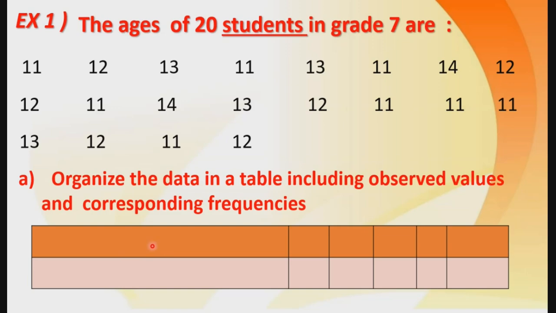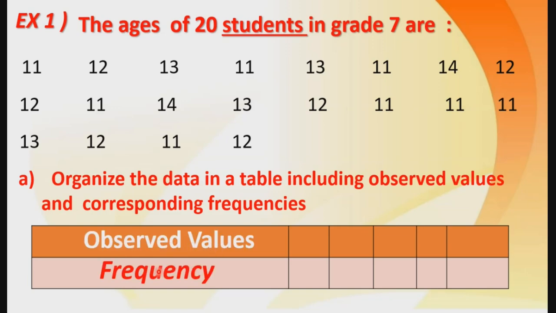In the first row, we write the observed values, and in the second row, we write the frequency of each observed value. Good. And what are the observed values here? The observed values here are 11, 12, 13, and 14. And in the last cell, we have to write the word total. Very good. And what are the frequencies?